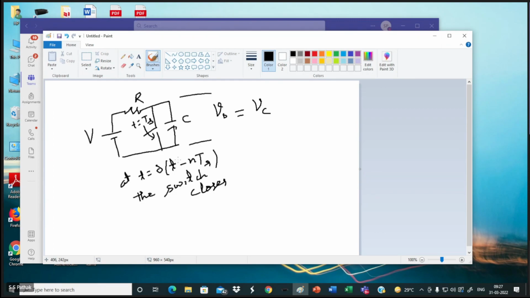So after every Ts seconds, output will become 0.